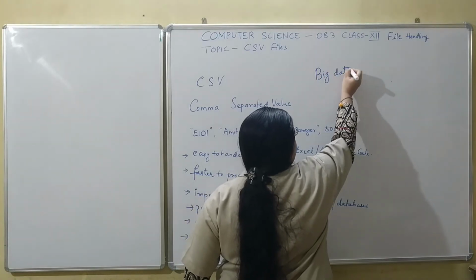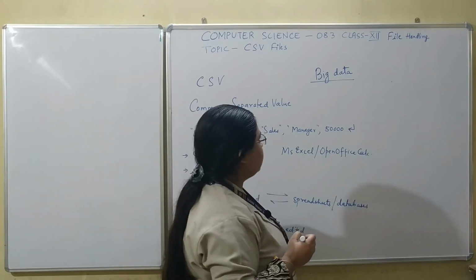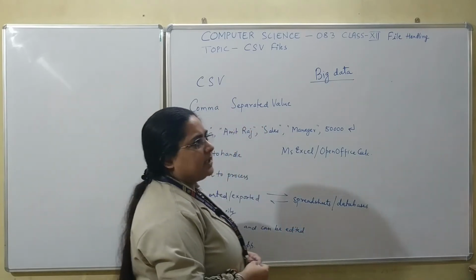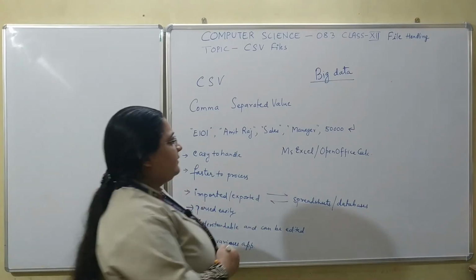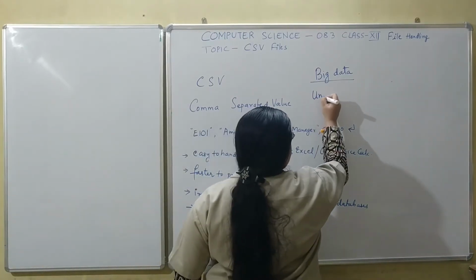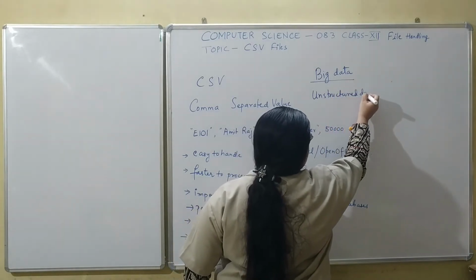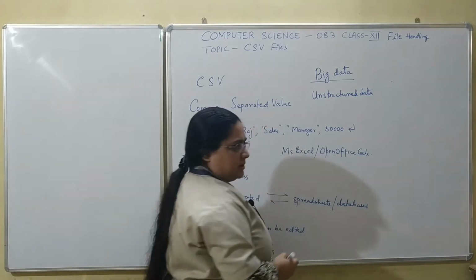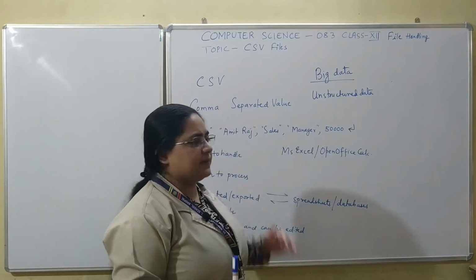CSV files are easy to handle and they can be used for handling big data, as we discussed when we were studying the NoSQL database, MongoDB. Most social networking sites and shopping sites work with unstructured data which doesn't follow a specific structure, whereas relational databases always follow a specific structure.